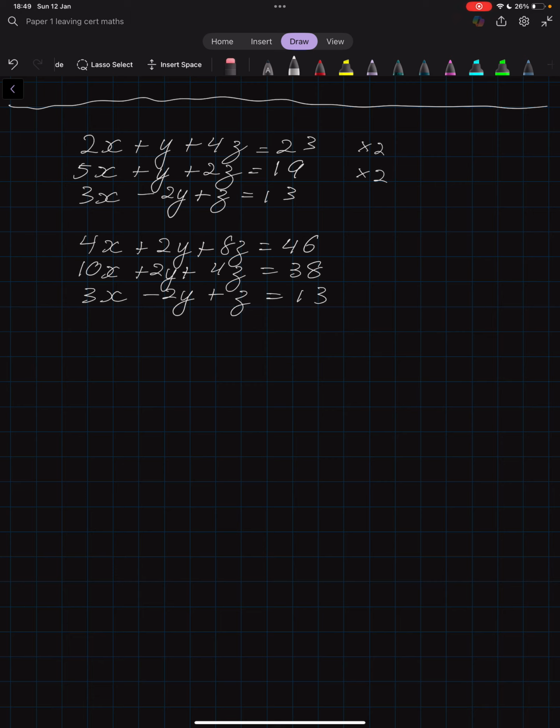Okay, so again, I want to get rid of the y's. So I can do equation 1 plus equation 3.